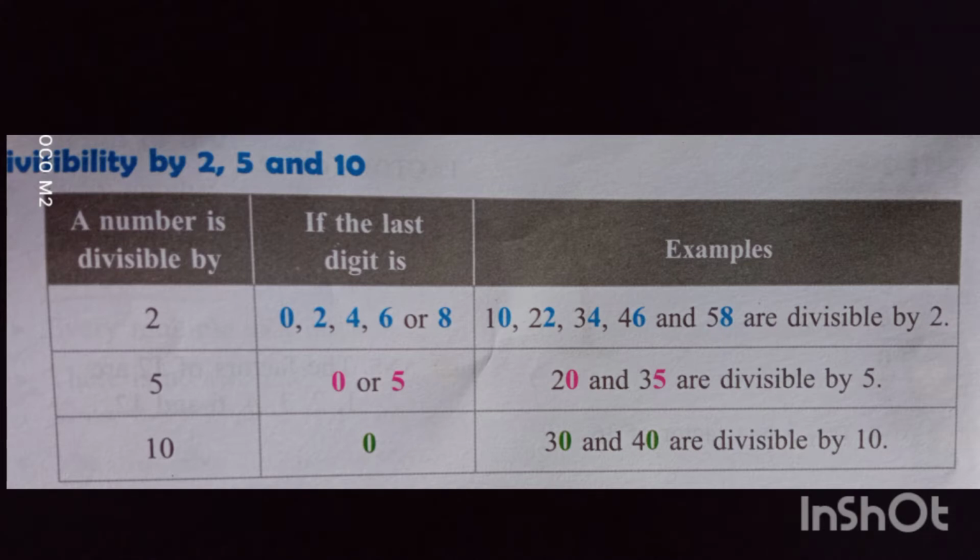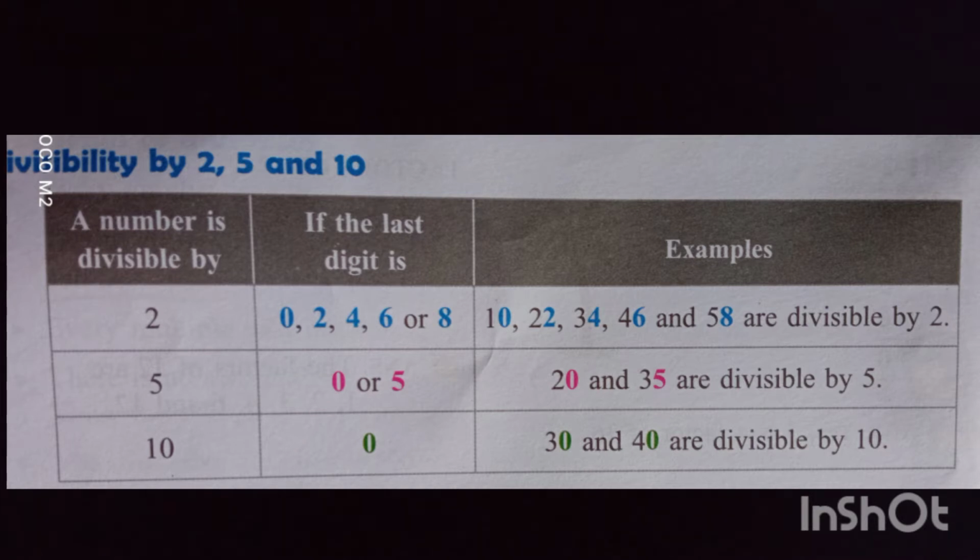So, if you want to know whether a small or very big number is divisible by 2 or not, the rule is very simple. Just check the last digit of that number. If any number ends with 0, 2, 4, 6 or 8, it means that number is divisible by 2.